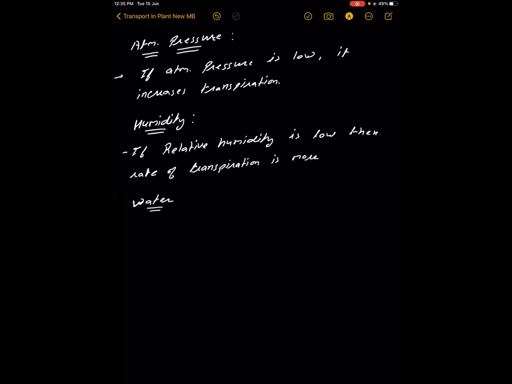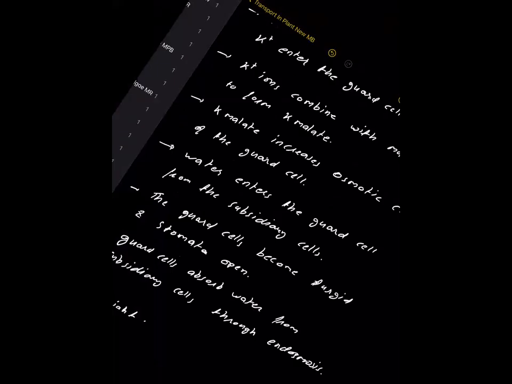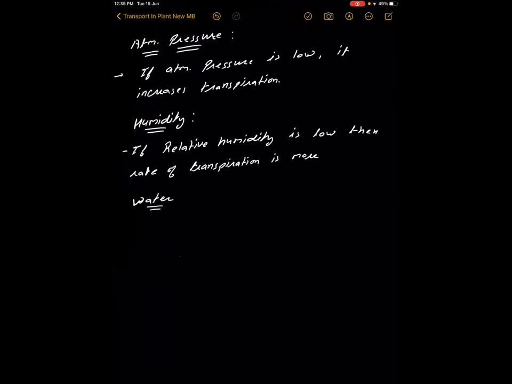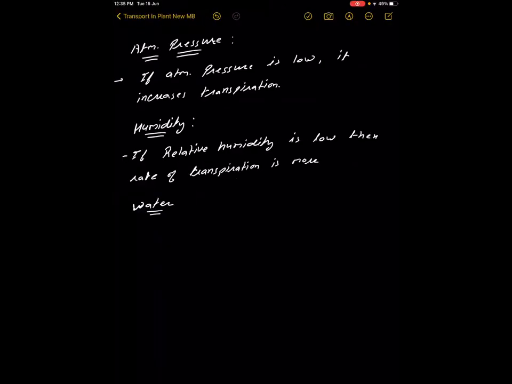If water abundance is there, more water is available, more absorption is there. Sufficient absorption means more transpiration occurs and the transpiration rate increases. On the other hand, if water is not available in the soil, very little or no absorption occurs, so there is no chance of transpiration.